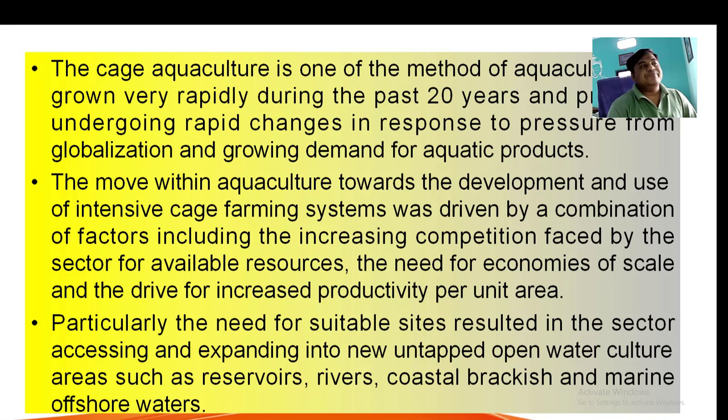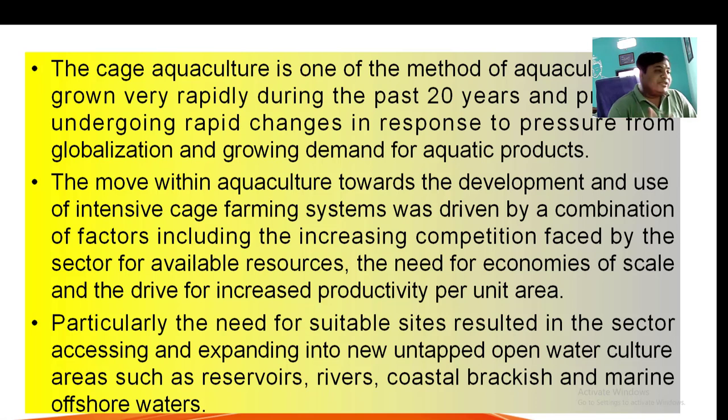The move within aquaculture toward the development and use of intensive cage farming systems was driven by a combination of factors, including the increasing competition faced by the sector for available resources, the need for economies of scale and the drive for increased productivity per unit area.